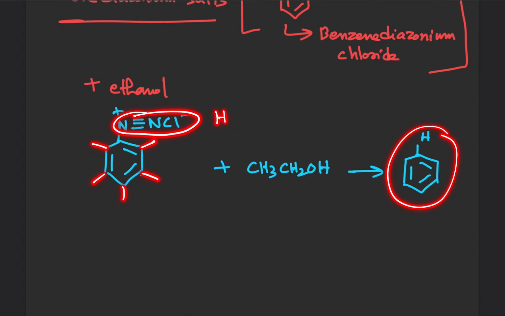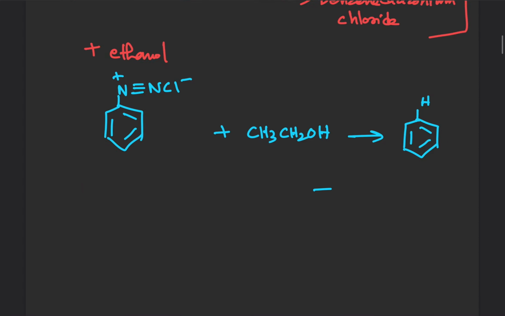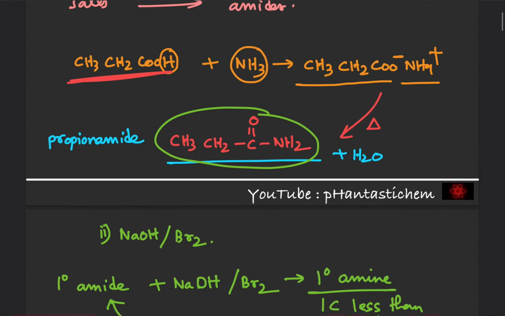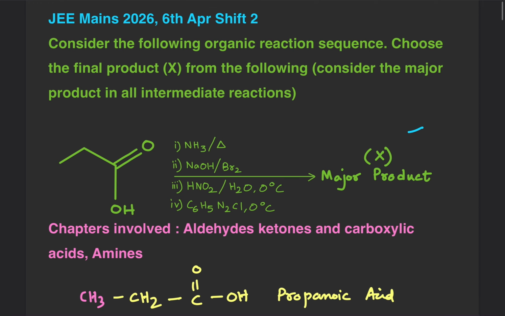So this is our benzene. There are certain side products: we get nitrogen, HCl, and also CH3CHO. Therefore the major product X finally that we get is benzene. So this X is nothing but benzene. Okay, thank you.